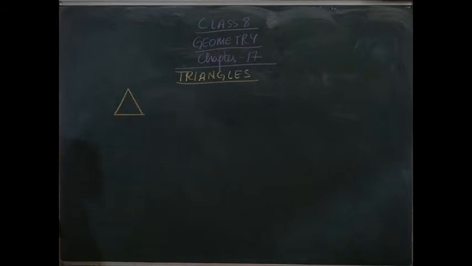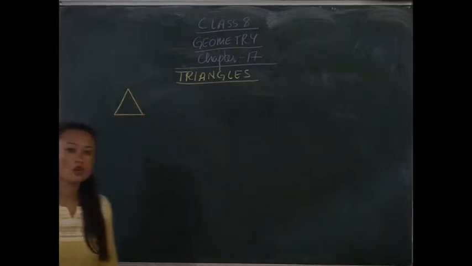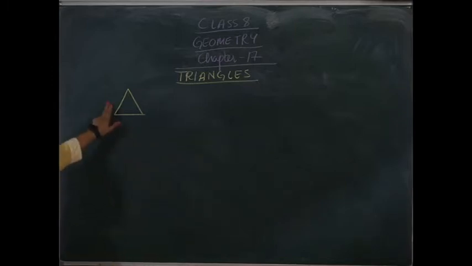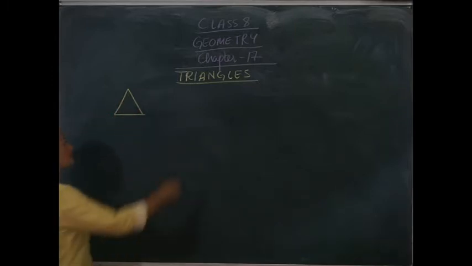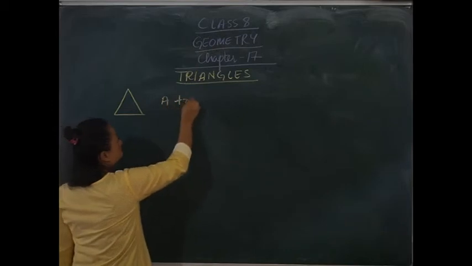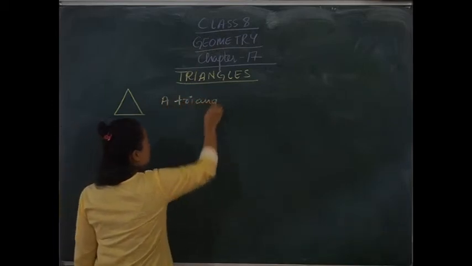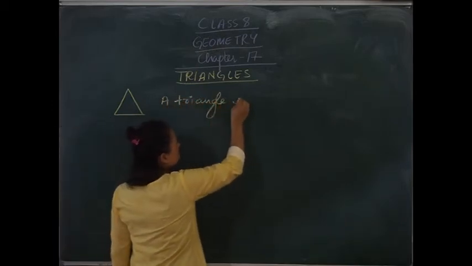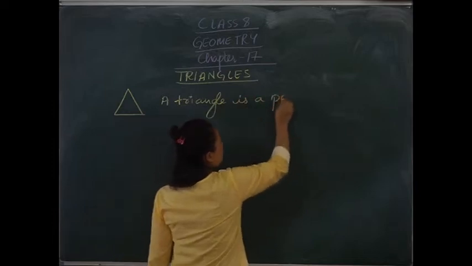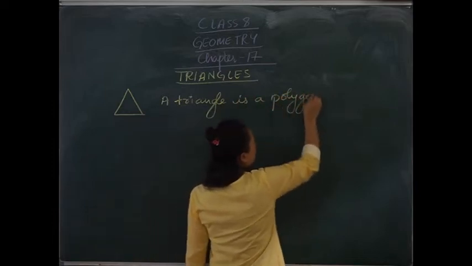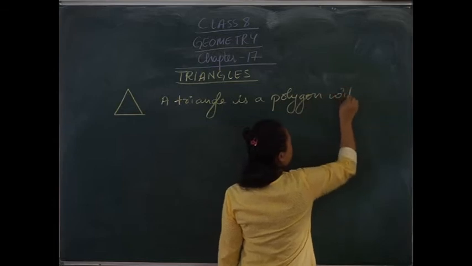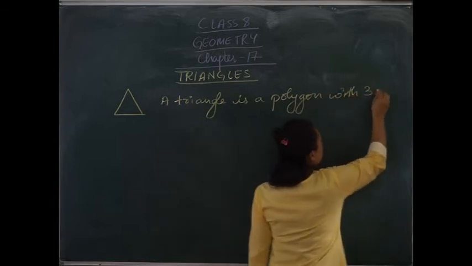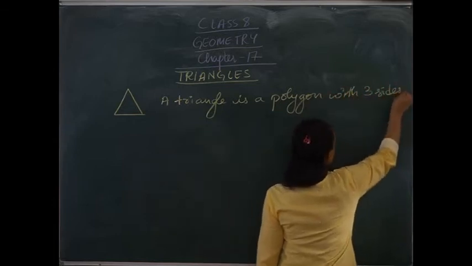A triangle is a polygon with how many sides? 3 sides. Okay, so a triangle is a polygon with 3 sides.